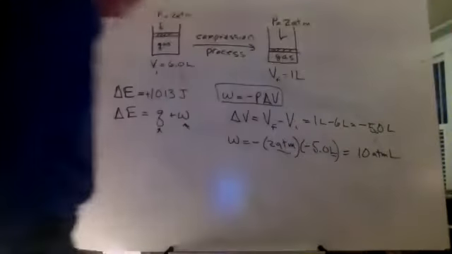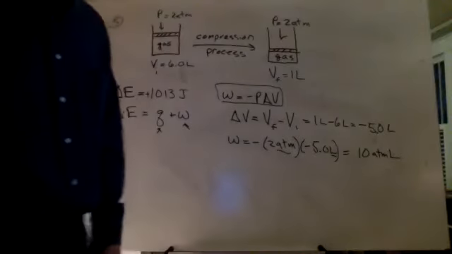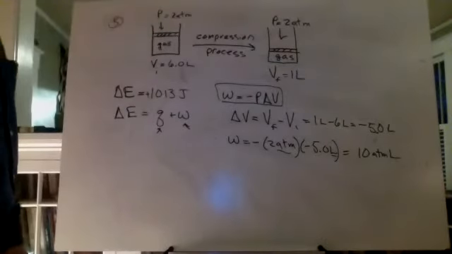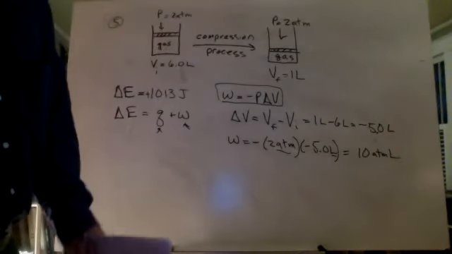So we have -2 atmospheres times -5.0 liters, and a negative times a negative gives us positive 10 atmosphere liters. Notice those are the units that are left, atmosphere times liter. That is indeed an energy unit, but it's not an energy unit we typically like to use. We usually use either calories or joules.